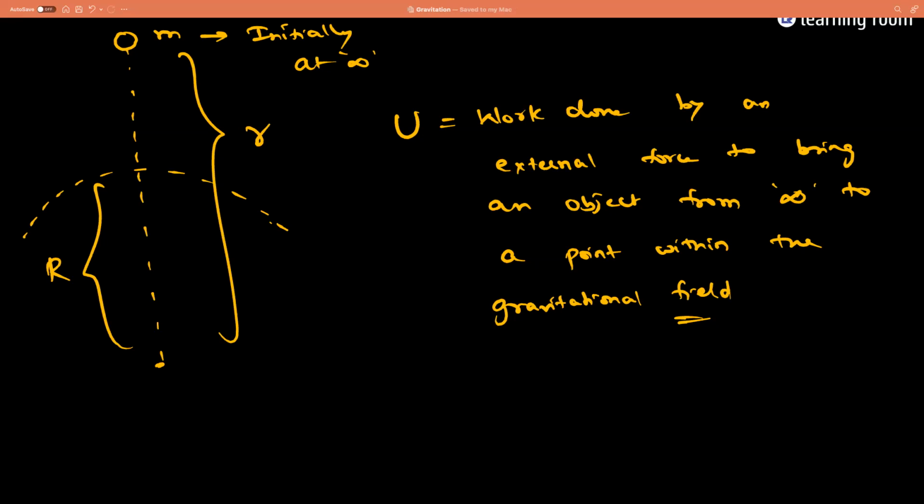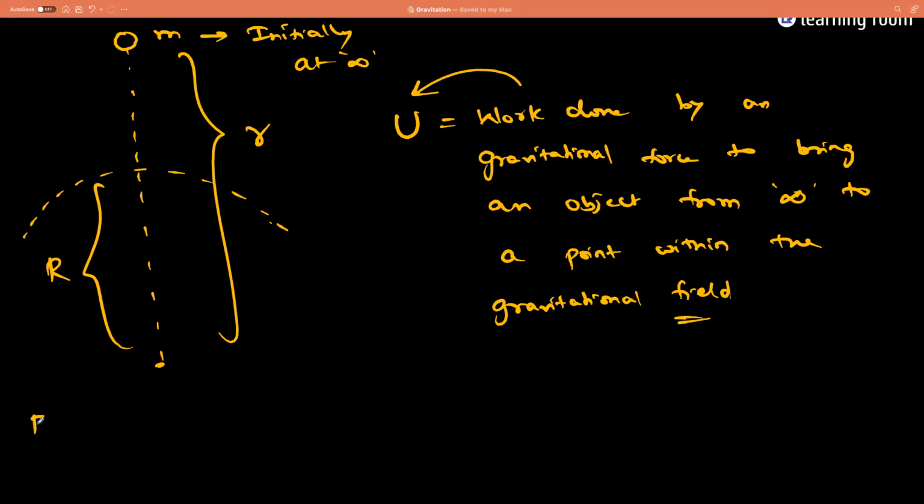Right? So here, actually, you can change it like this. Work done by the gravitational force itself, because it's an attractive force, no? Work done by the gravitational force to bring an object from infinity to a point within the gravitational field is what is going to get stored in the form of gravitational potential energy.